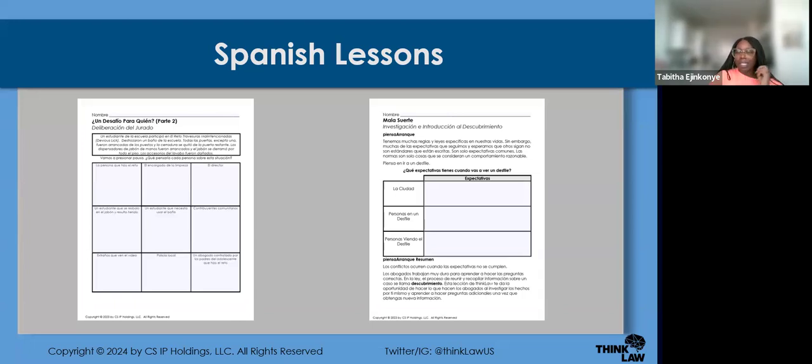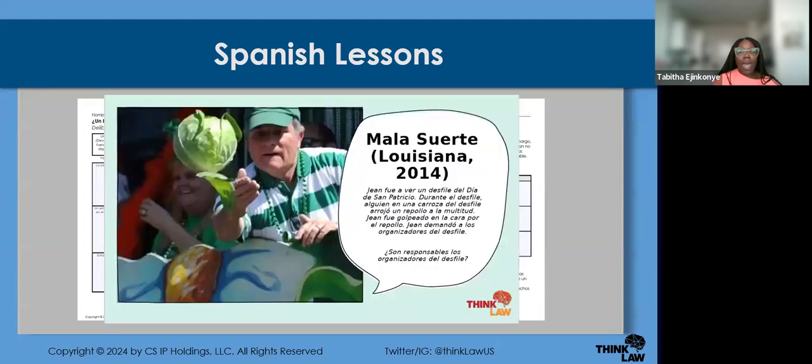Again, going back to our Think Law method, engaging and fun, not just for your students, but also for you, right? When your students have fun, you typically have fun. So again, you can find these Spanish lessons when you type Spanish or Espanol into the search bar. Not only does it give you your students guide, but it also has the PowerPoints in Spanish, so they're not missing any pieces.